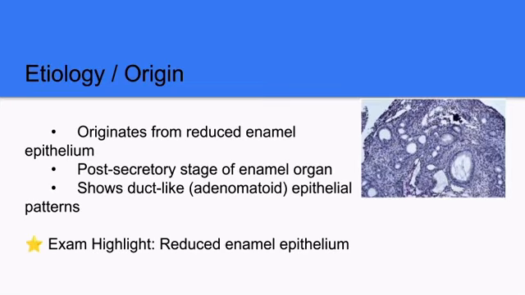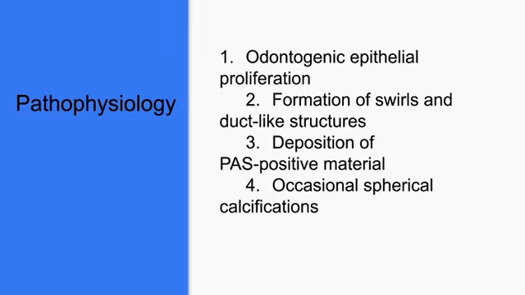The tumor shows duct-like epithelial structures, which is important to remember, and which gives it a glandular or adenomatoid appearance. This origin is a must-remember exam point, okay? This tumor shows duct-like epithelial structure. And as an exam highlight, it originates from reduced enamel epithelium.